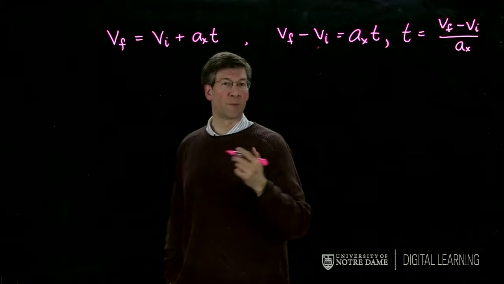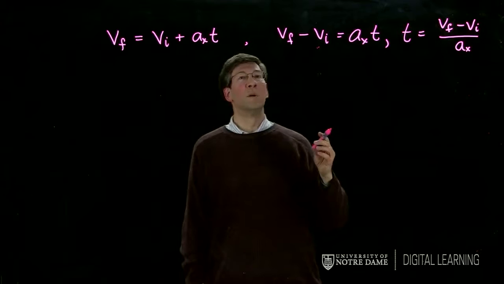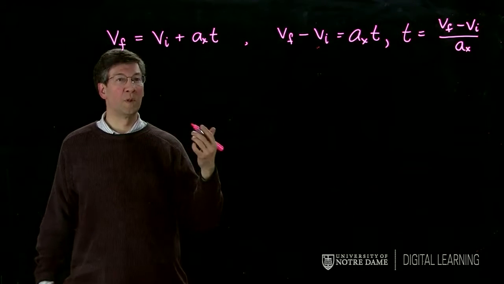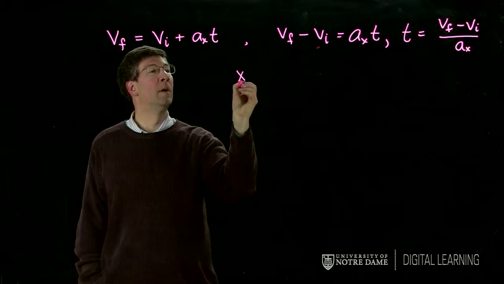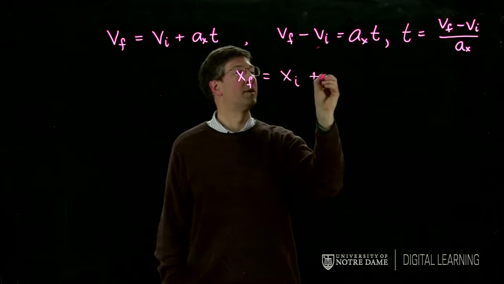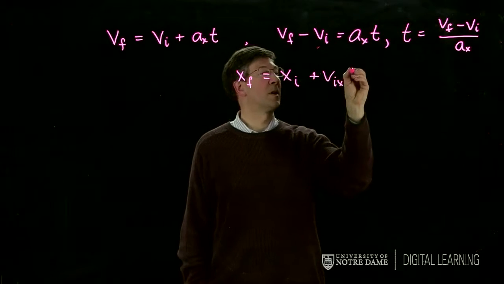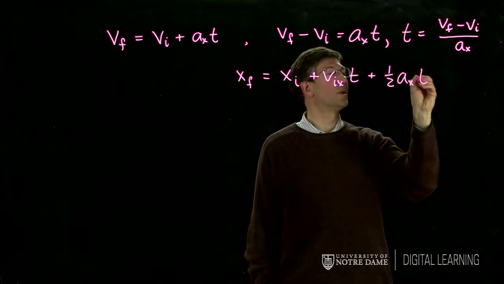OK, so now I have an expression for time in terms of other quantities. Now I'm going to use the position equation that I just derived, which was x final is equal to x initial plus v initial times time plus 1/2 times the acceleration times time squared.